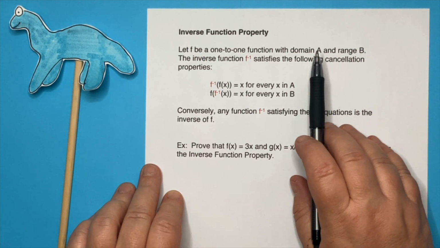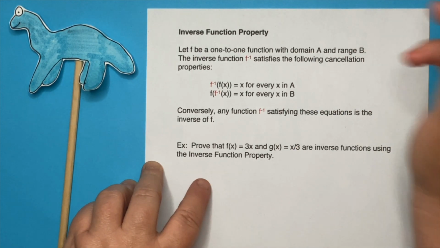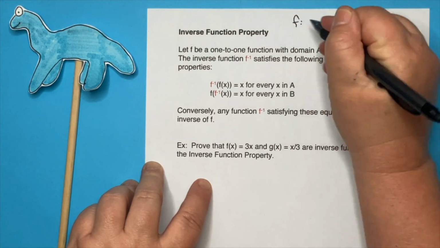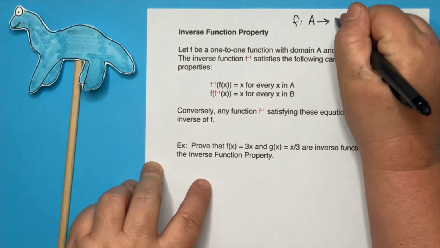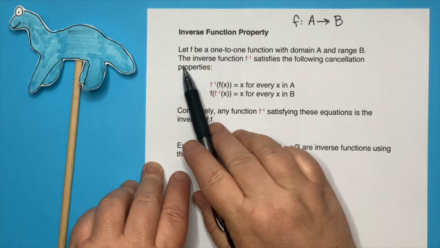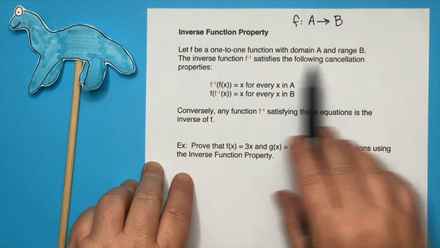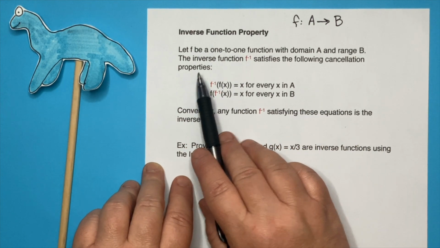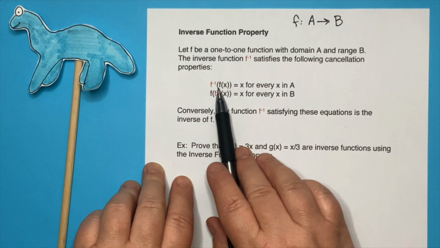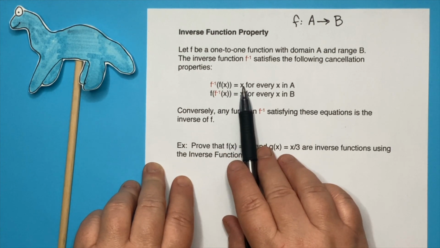Okay, so for f, A goes into B. The inverse function f inverse satisfies the following cancellation properties. f inverse of f of x has to equal x.